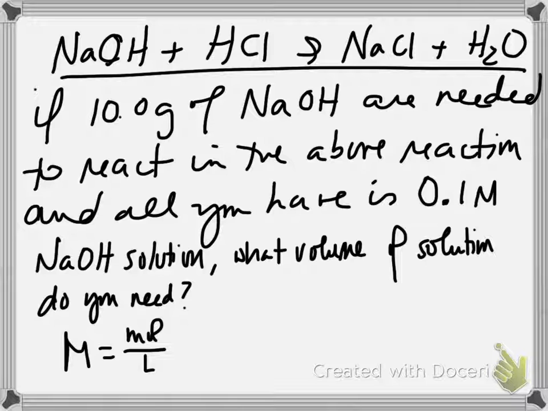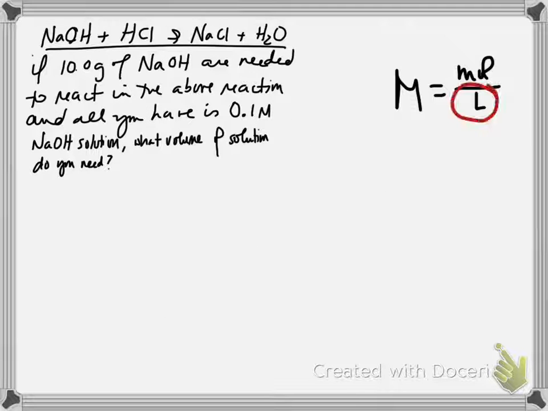So very often in tandem with that equation, we have to do a little tiny factor label. We'll eventually be solving for volume of solution, but right now, because we're given molarity, we have to find the number of moles of sodium hydroxide that are required.